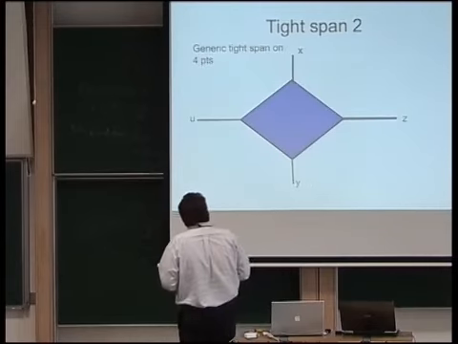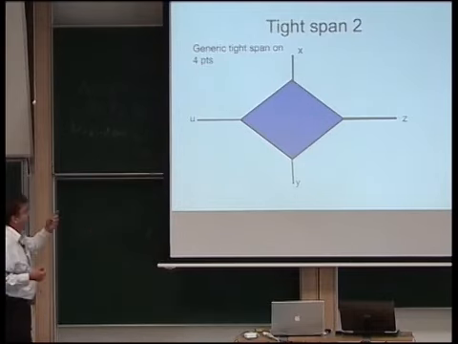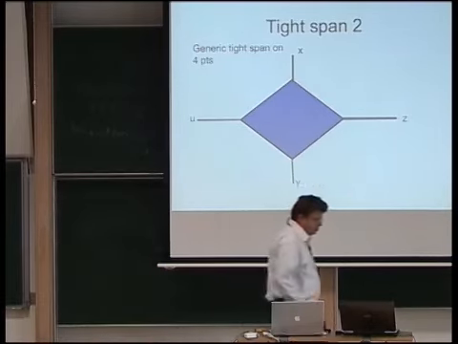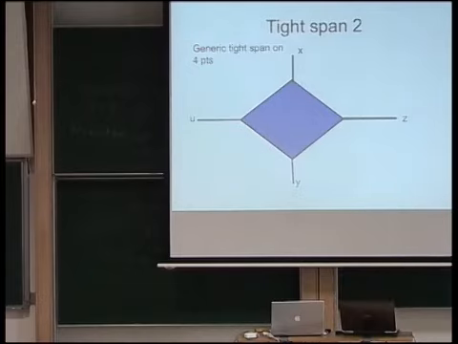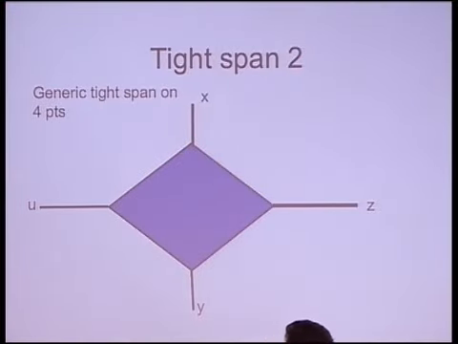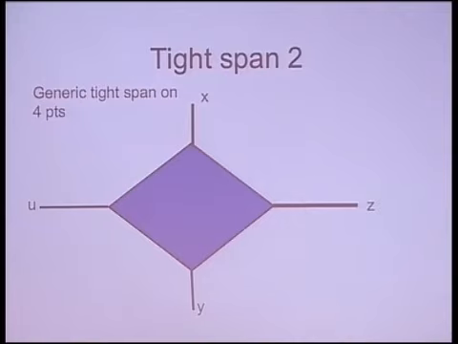The generic tight span on 4 points is this picture. So you have 4 vertices, and you have one 2-dimensional face, and then you have 4 edges sticking out.